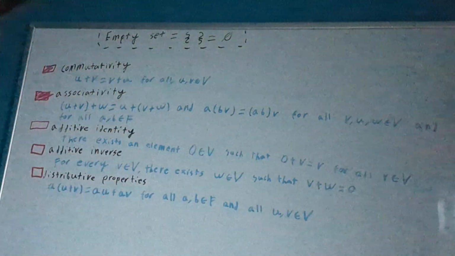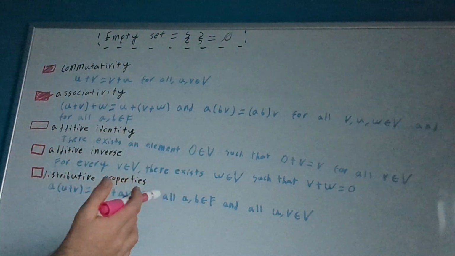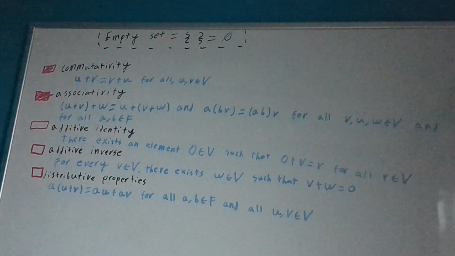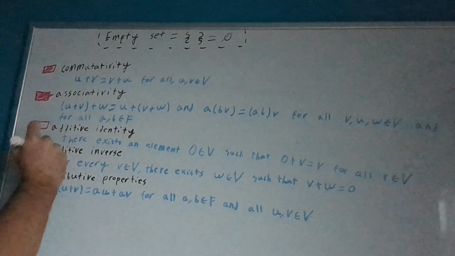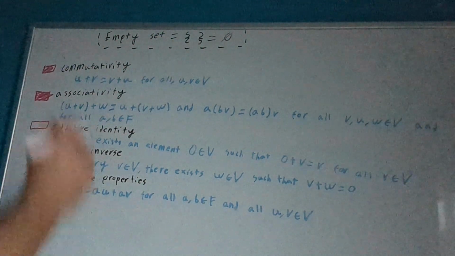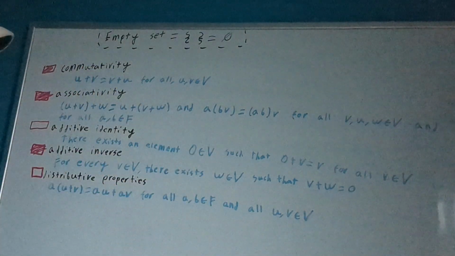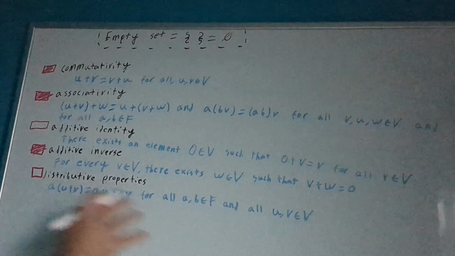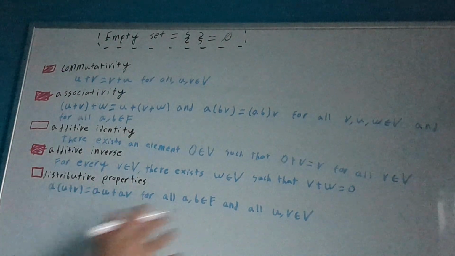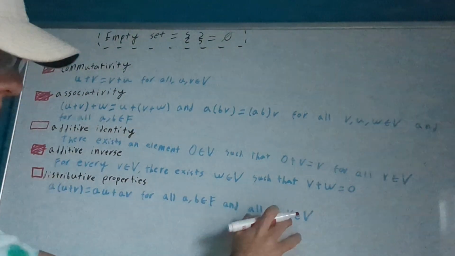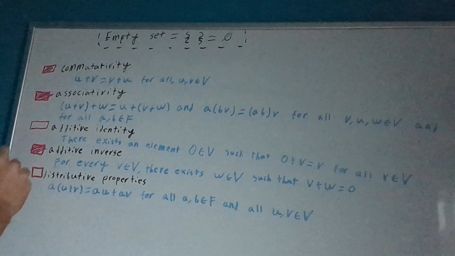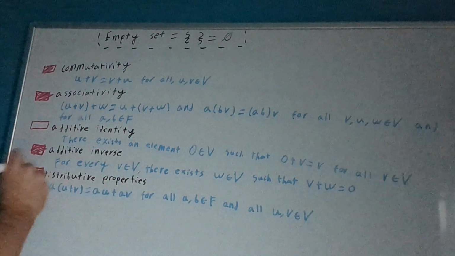Well, there doesn't exist any V inside the empty set, so it doesn't need to exist any W inside the empty set, so we can check that one off. There exists the exact same amount of V's as there does W's, right, in this definition. Then, once again, it's the exact same way for the distributive property. For all U, V inside the empty set, there are no U and V. So, once again, we can check this off.